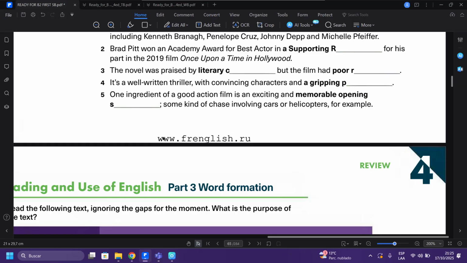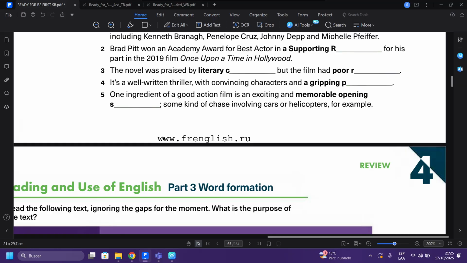Number 4. It is a well-written thriller with convincing characters in a gripping. This adjective, we checked it in a previous lesson and you weren't here yet. Gripping means apasionante.